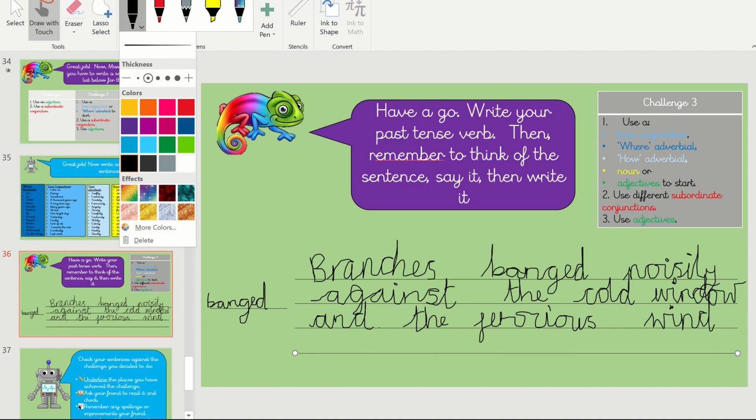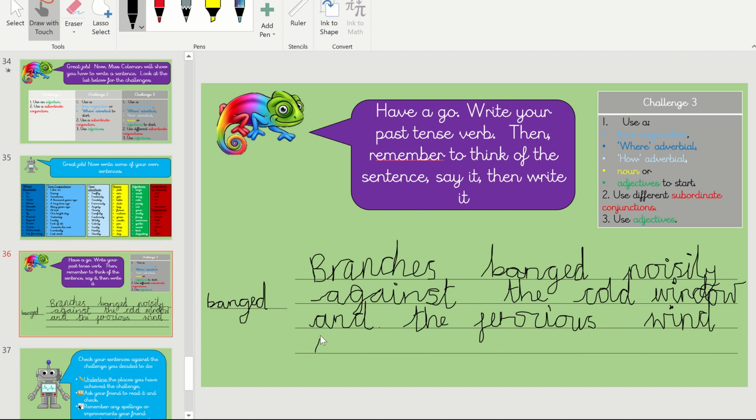Okay, howled. Now, howl, that's the root verb. So it's ow. And then if it's a past tense verb, what do we need to add to the end? Absolutely right, ed. Howled.